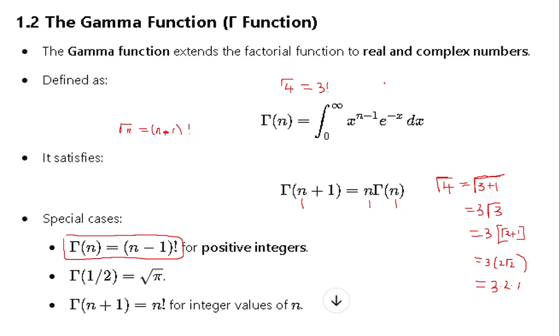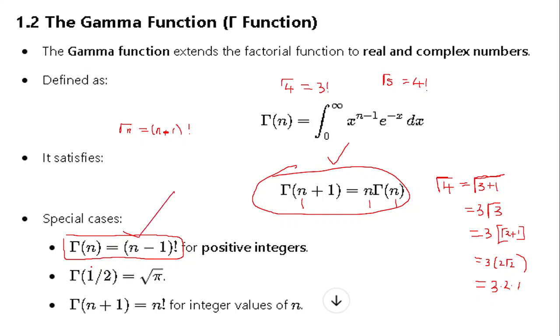Just like gamma of 4, or let's say gamma of 5. Gamma of 5 will just be equal to 4 factorial. Yes, sir. We have seen it already, and we got it from here. Don't underlook this formula. You will always be using it.